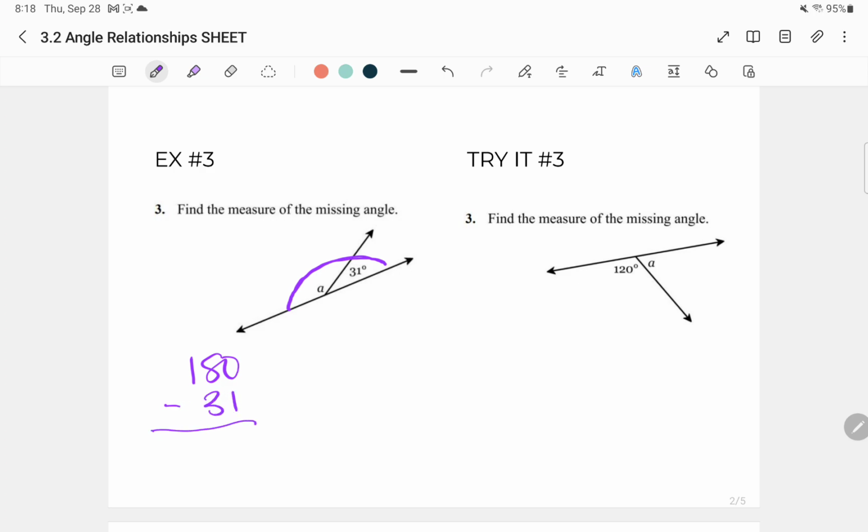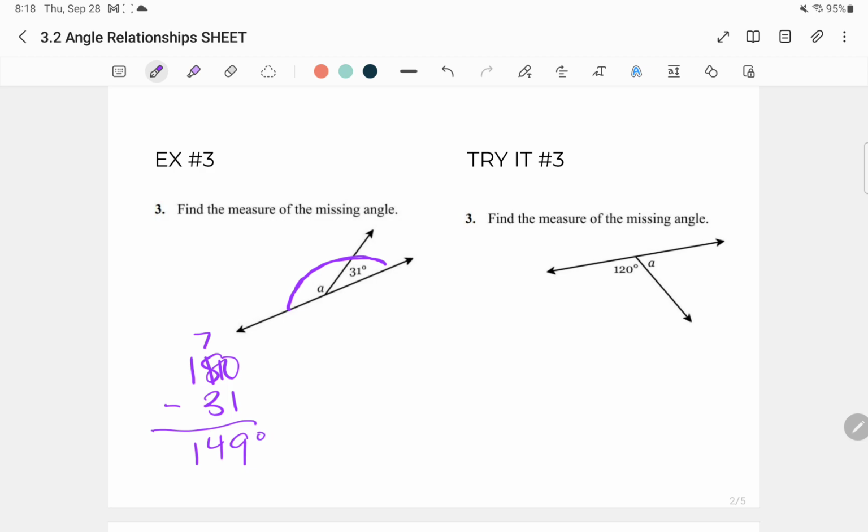And again, some mental math here, right? 180 minus 30 is 150. So 180 minus 31 is going to be 149. Or you could just say, okay, 10 minus 1 is 9. 17 minus 3 is 14.